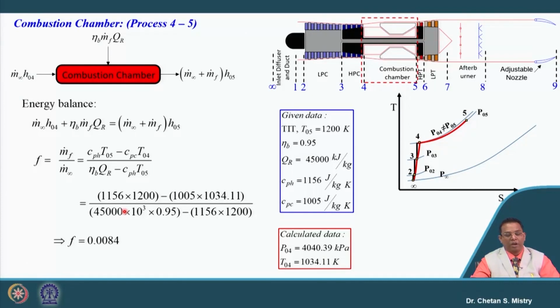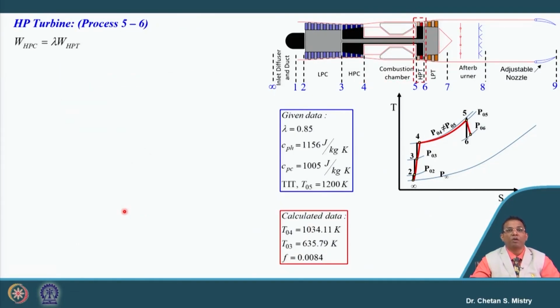Okay. Now let us move towards the next component. So we know our HP turbine is used to rotate our HP compressor, and their work we are correlating by the parameter called mechanical efficiency.